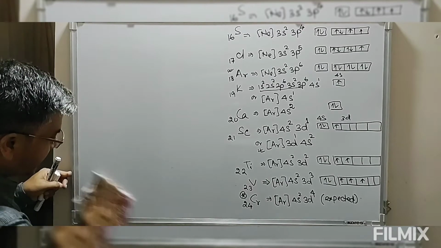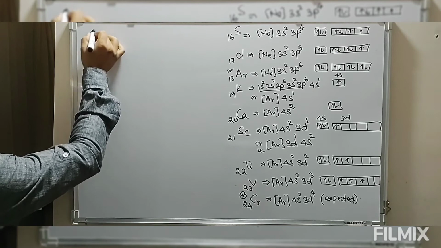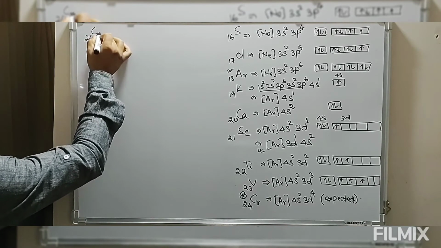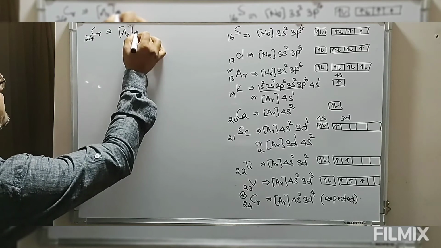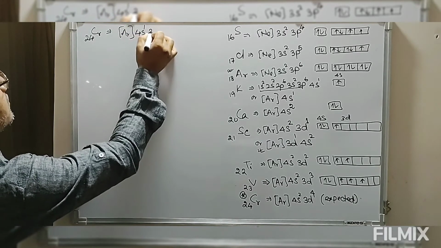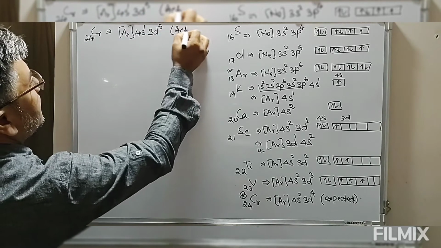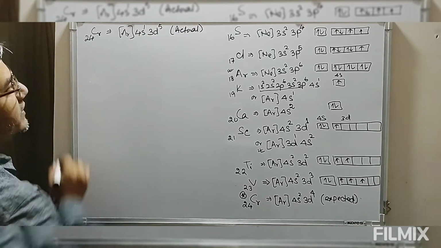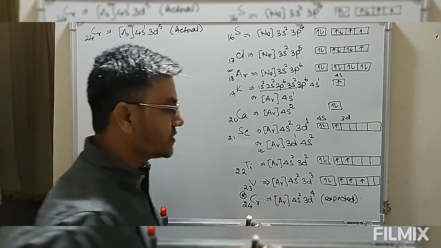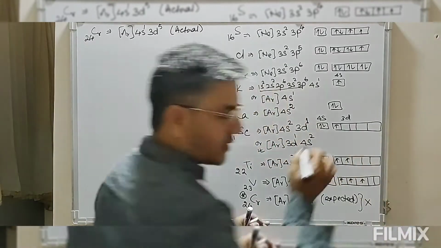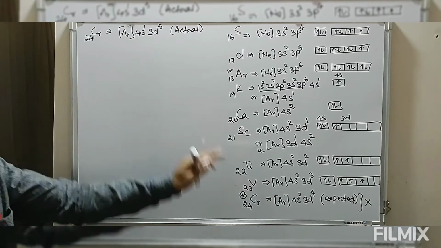For chromium, the actual electronic configuration is argon 4s1 3d5. This is the actual electronic configuration of chromium. The other is the one expected, but it is not the actual configuration. We'll explain later why chromium shows this abnormality.